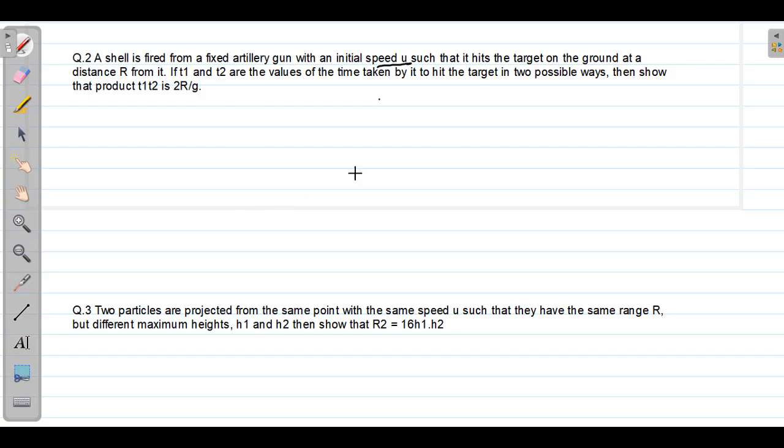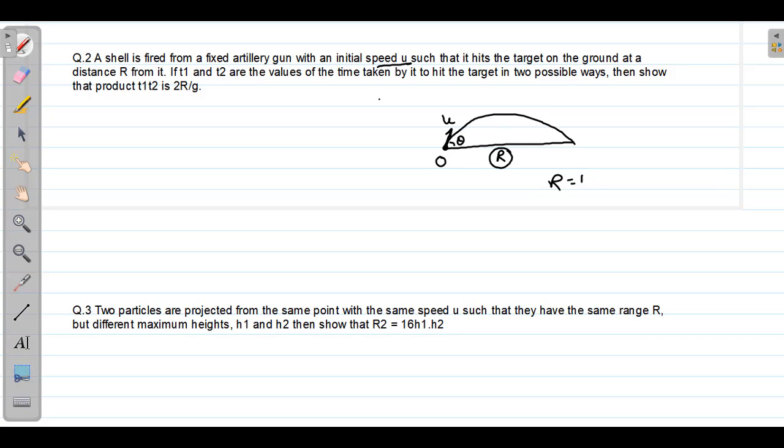As we have already mentioned, range will be equal for two complementary angles, that is theta and 90 minus theta. The question says a shell is fired from the originating point O at an angle theta with speed u and it gets the range R.